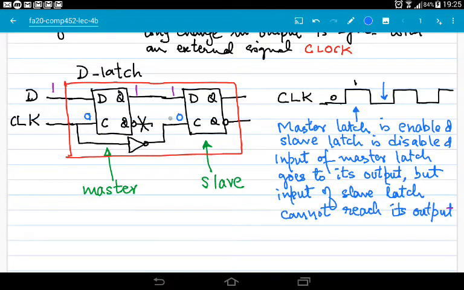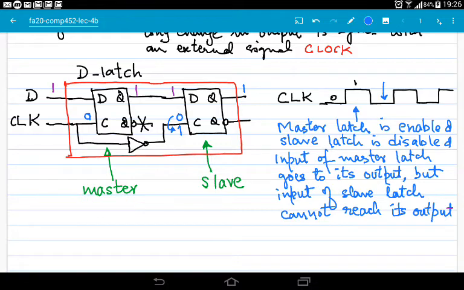But the control input of slave latch goes from 0 to 1, which means that slave latch is now enabled, and this 1 at the D input of slave latch will propagate to the output.